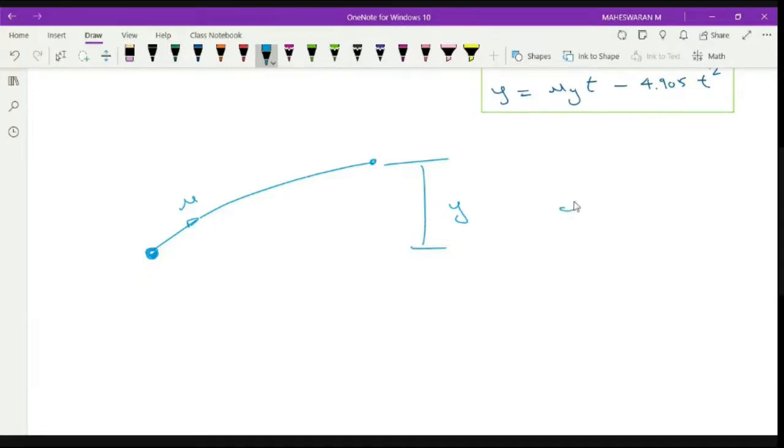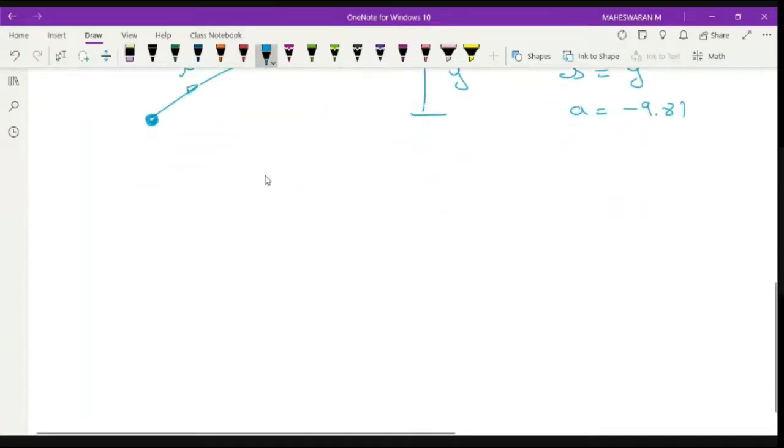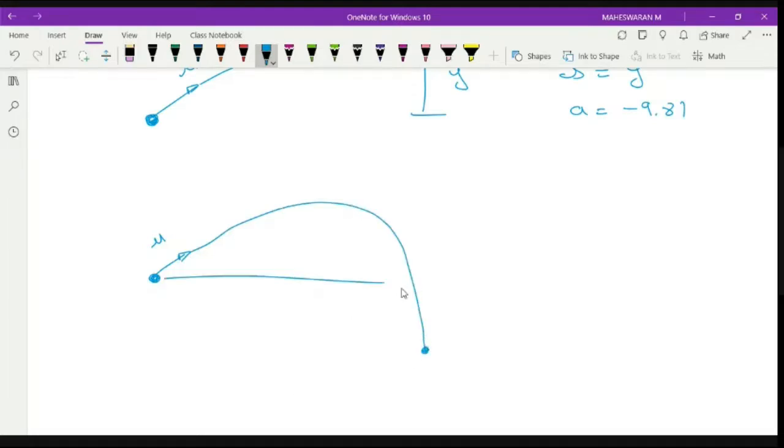Here, my S is positive. My S is a positive value. My acceleration is negative. I may have the same case like this. So this is my initial point, my ball. I'm throwing this ball, and the ball is traveling like this, and it is falling like here. My Y is here.